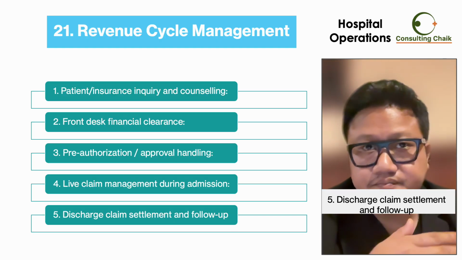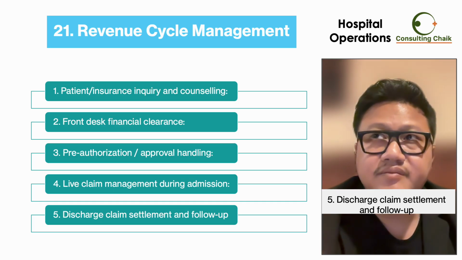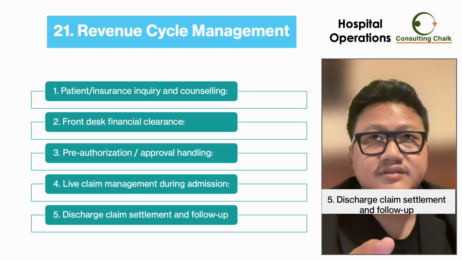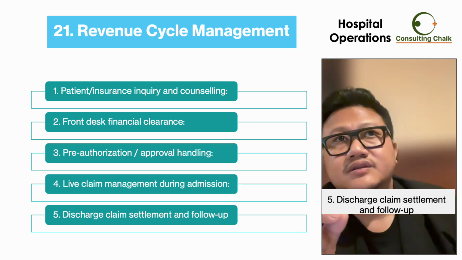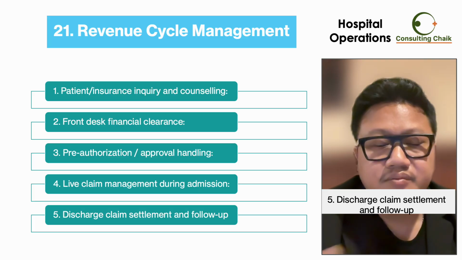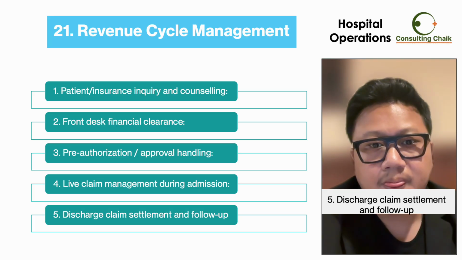Then between the approved amount and the actual bill, there will be a difference in most of the cases, and the patient has to pay that off. Then they are good to go.